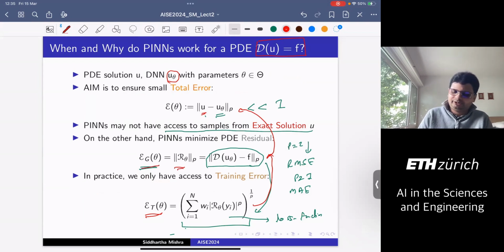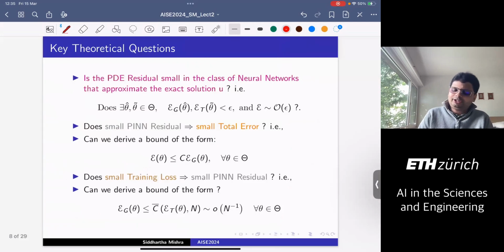So I want to make the residual as small as possible. The question is, can this even be done? Otherwise, what are we doing? In other words, do there exist parameters in this class of neural networks such that the training error and the PDE residual can be made as small as possible?